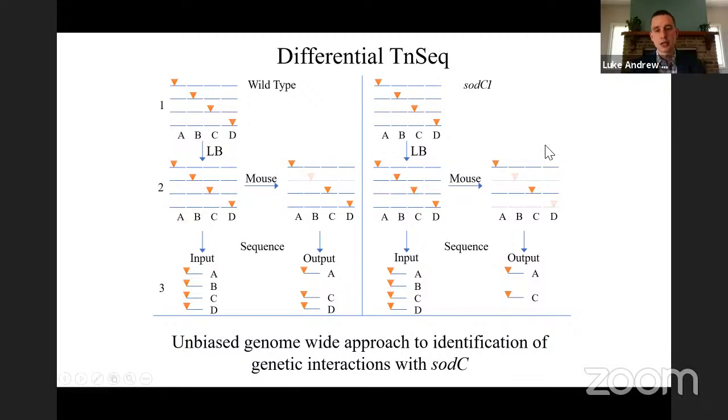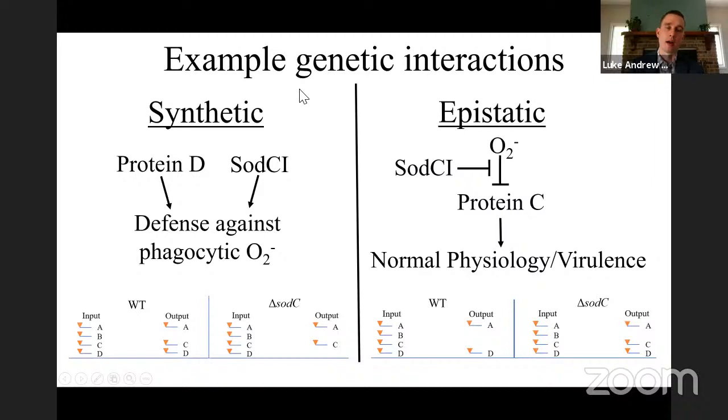I'd like to explain in a little more detail how genetic interactions can give us insight into the target of phagocytic superoxide. On the left here, I'm showing a synthetic interaction. In this hypothetical example, if protein D and SOD1 both contribute to defense against phagocytic superoxide, you can imagine in a wild type background, if you have insertions in protein D, SOD1 is still present and functioning in this defense mechanism.